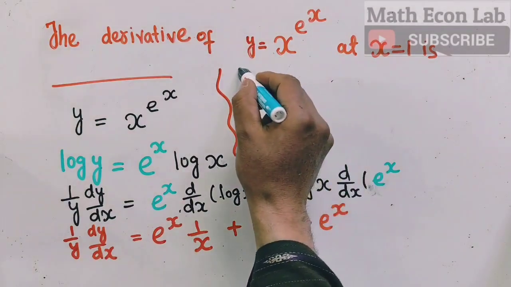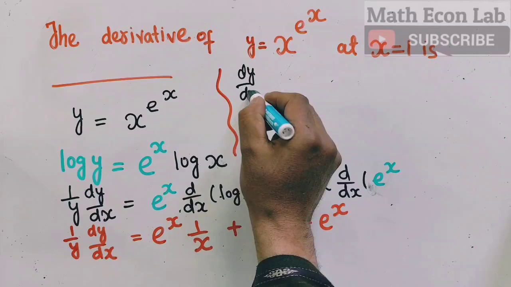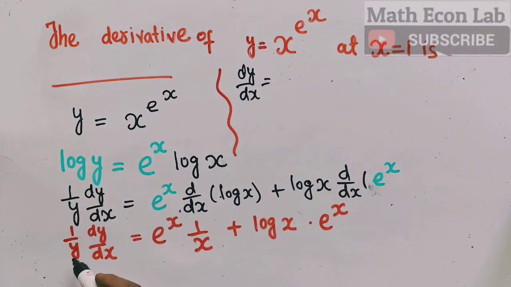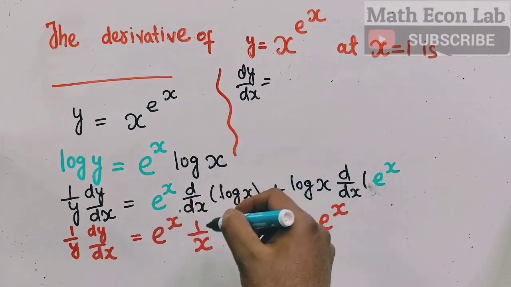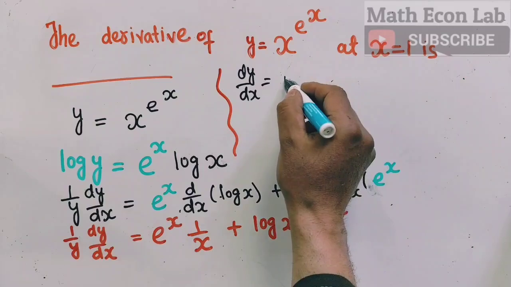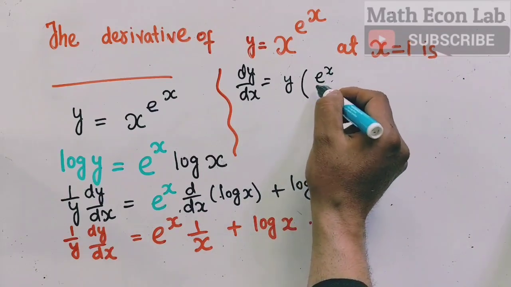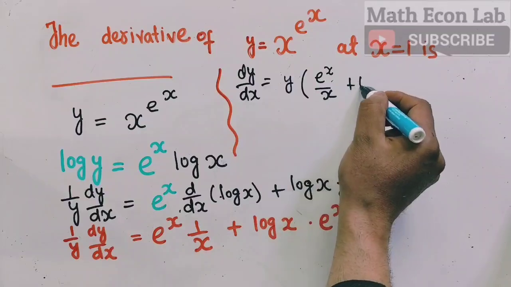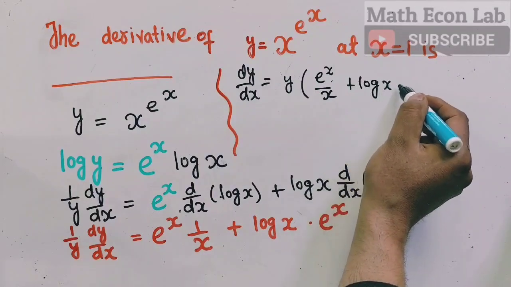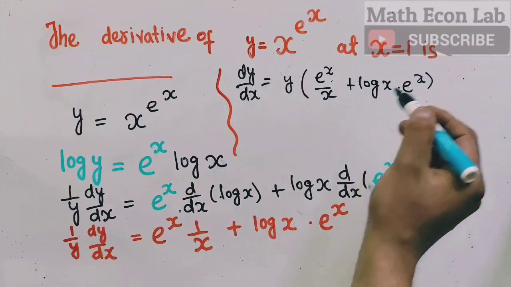Then dy upon dx will be equal to, transposing this y, it gets multiplied, so we have y times e raised to the power x divided by x plus log of x times e raised to the power x.